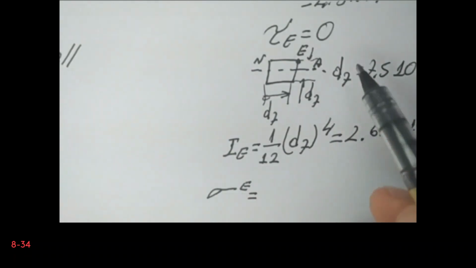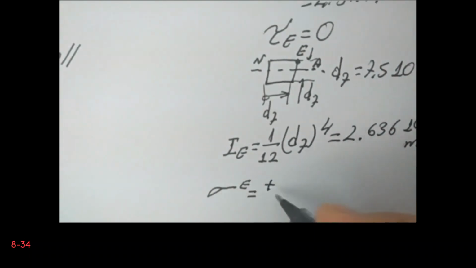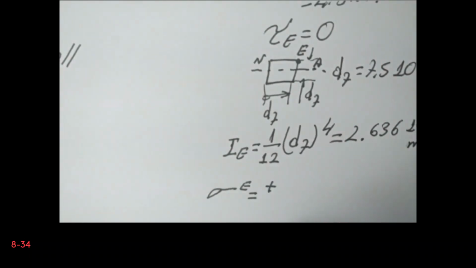Okay, so it is plus ME, distance to the neutral axis is d7 divided by 2, divided by bending moment of inertia of the cross section.